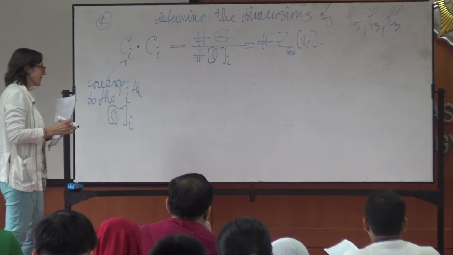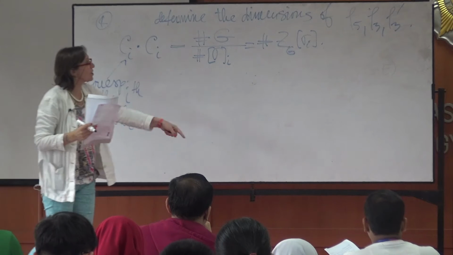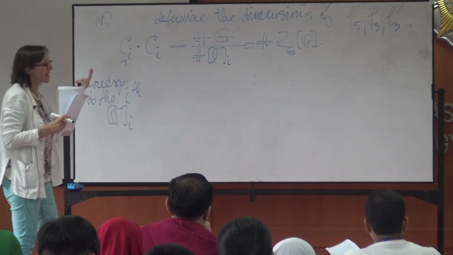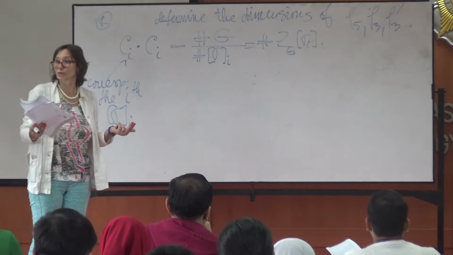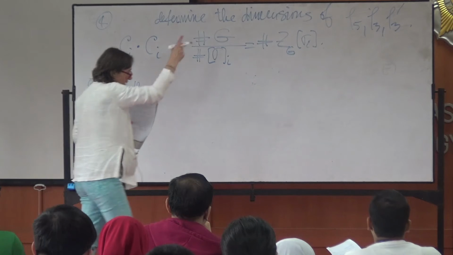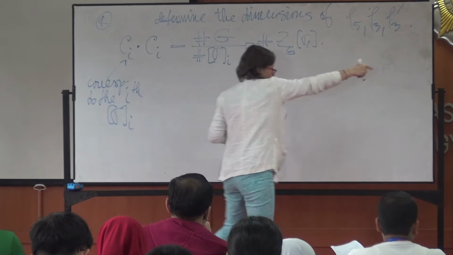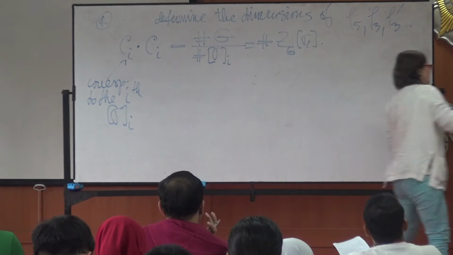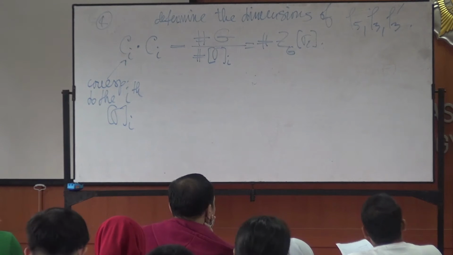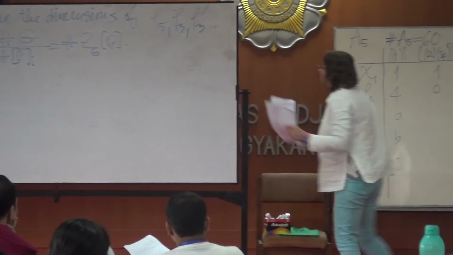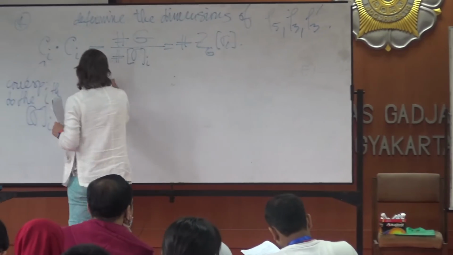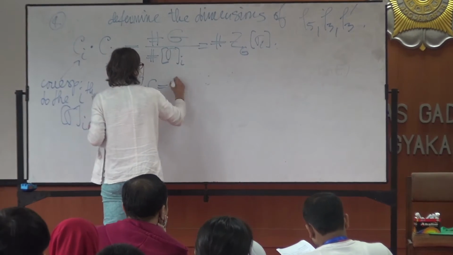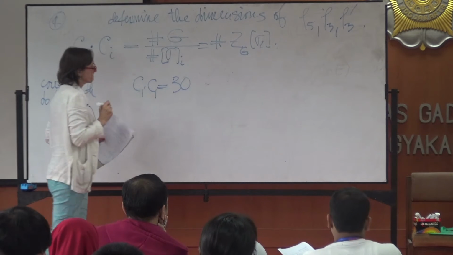Okay, so in the first column, what do we have? Who is the centralizer of the identity? It's the whole group. So the first column, suppose that here we have entries A, B, C, will have norm equal to 60.